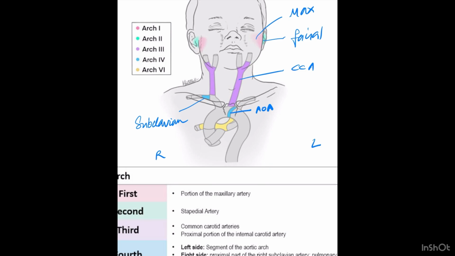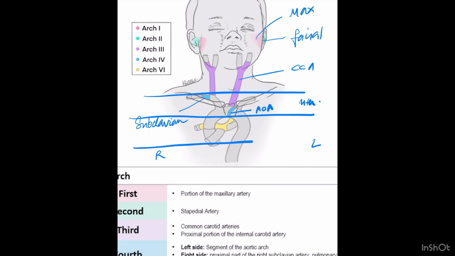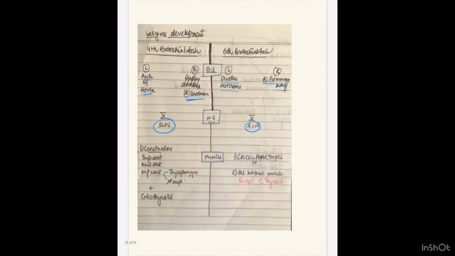Now come to the sixth arch. Over to the left it is ductus arteriosus, okay, and here it will be the right pulmonary artery. Easy. I have also given a table.